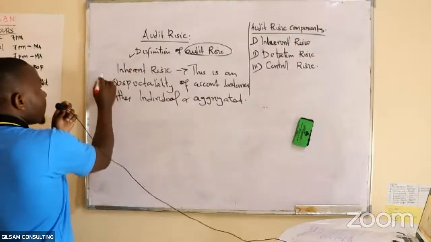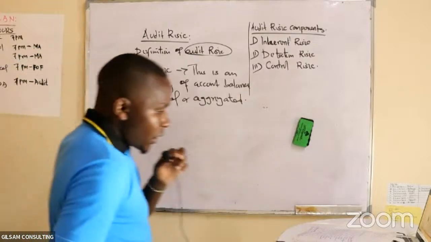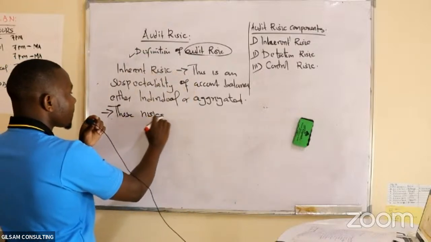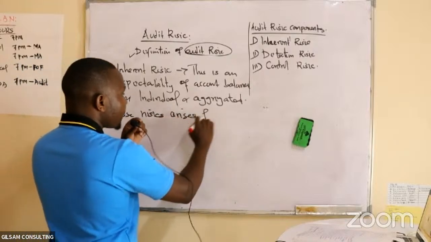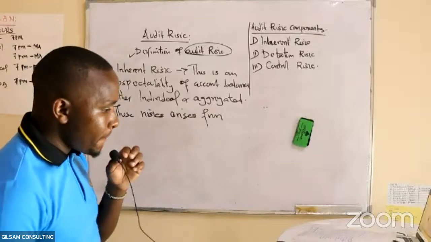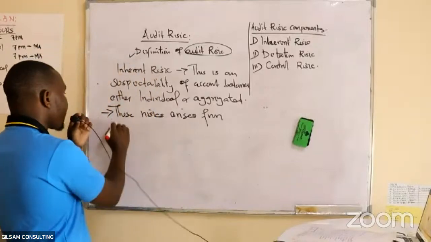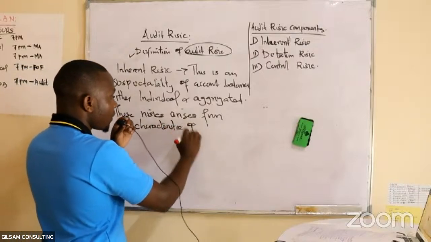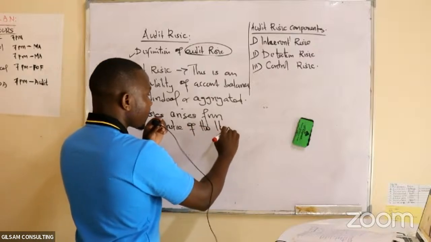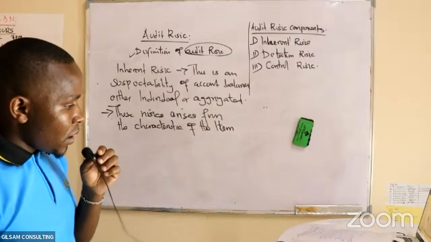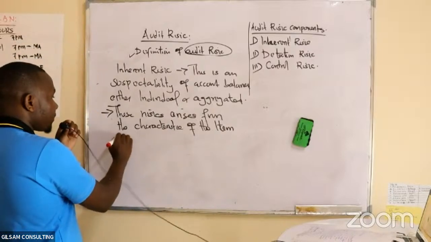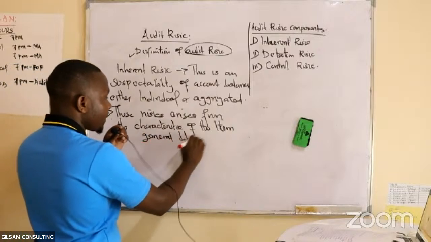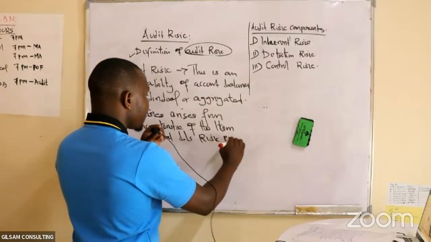So another point, you say this risk arises from the characteristic of the item, or from the general business environment.